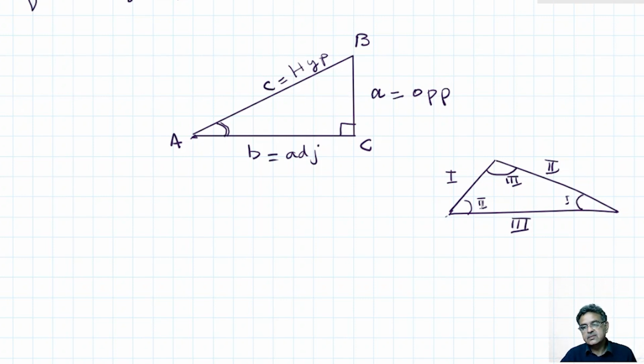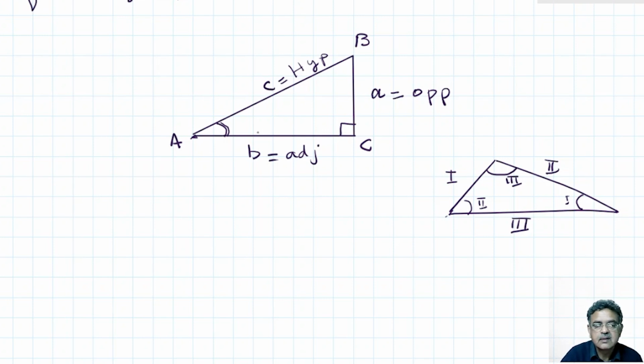In this case, 1, 2, 3, their sum is always 180. But if one of them is 90 degrees, then the sum of the other two angles must also be equal to 90 degrees. So the sum of these two angles is always 90.